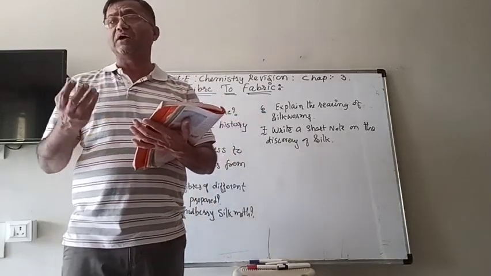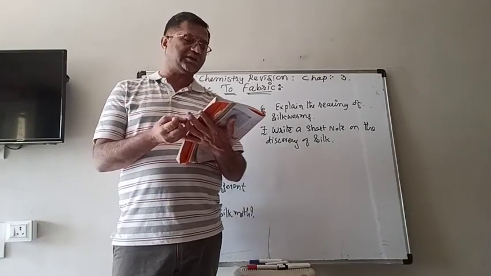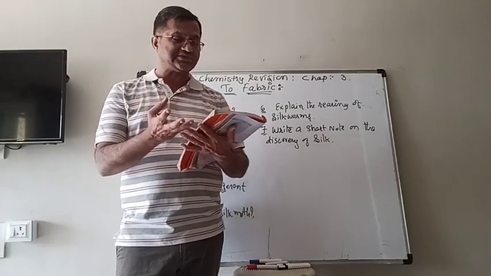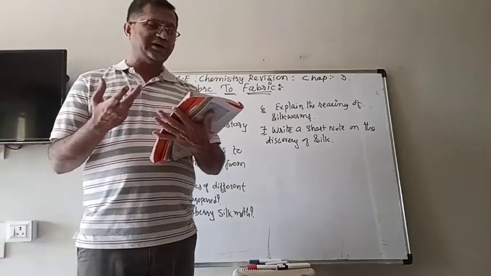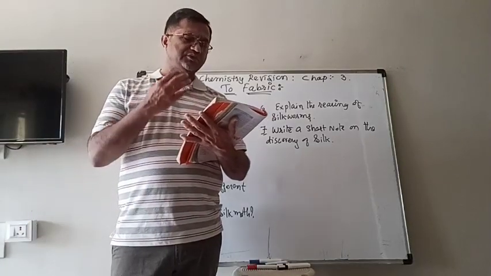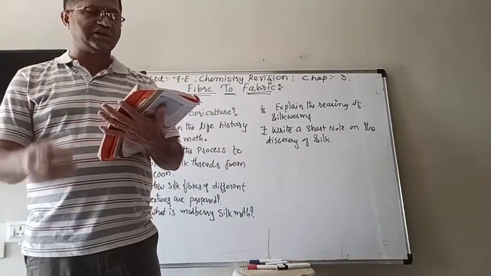Different types of sari are obtained from different silk materials, like tussar silk, eri silk, muga silk, etc. And sometimes synthetic fibers that are similar to silk are also obtained.